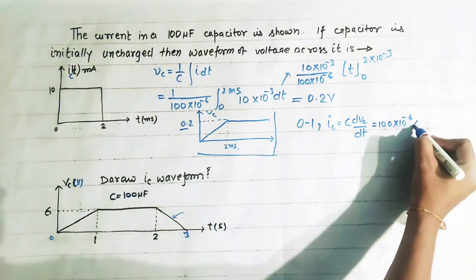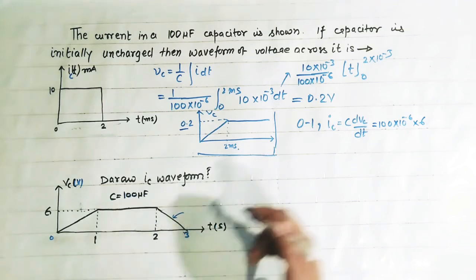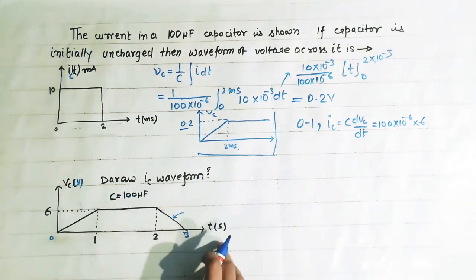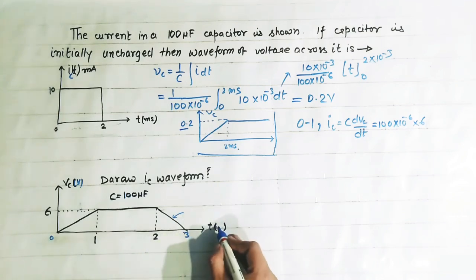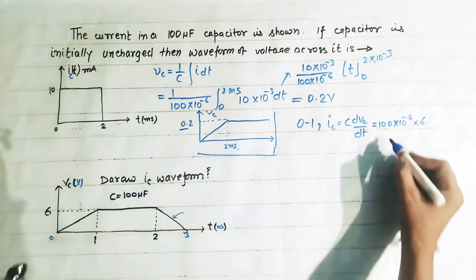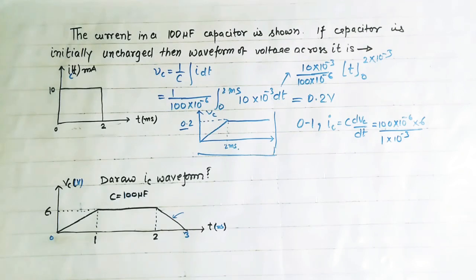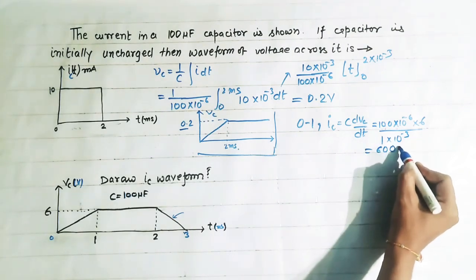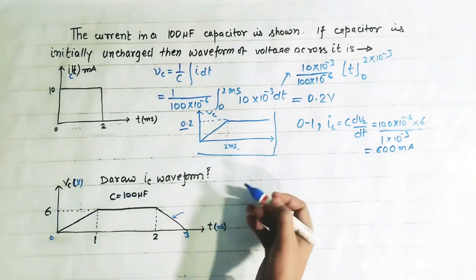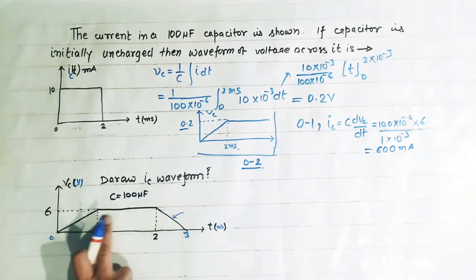It means 6. And what is the time taken to change this voltage? That is equal to 1, sorry, this is time in millisecond, so 1 into 10 to the power minus 3. So we get 600 milliampere.